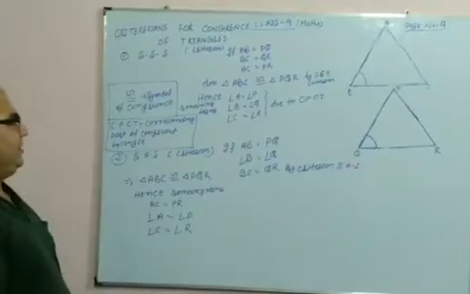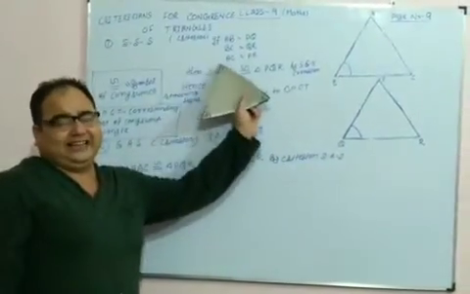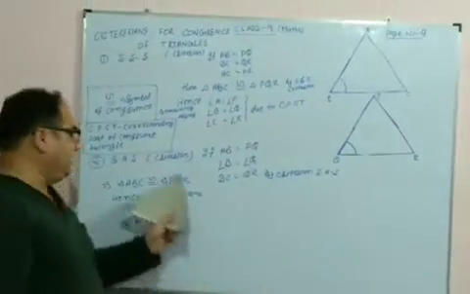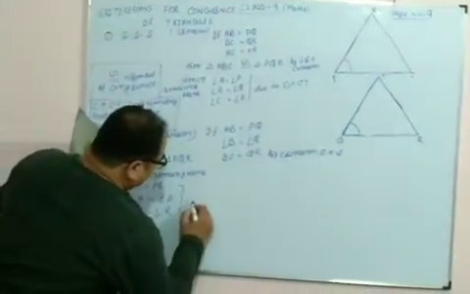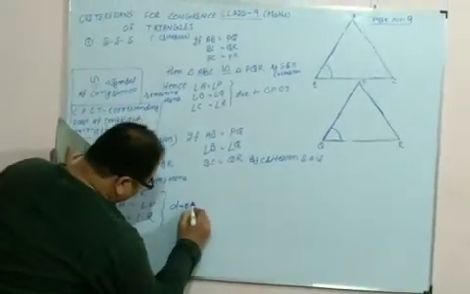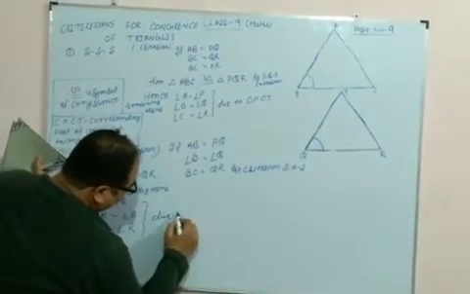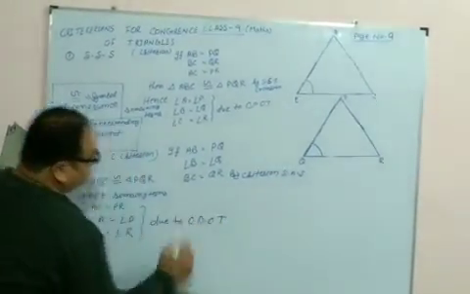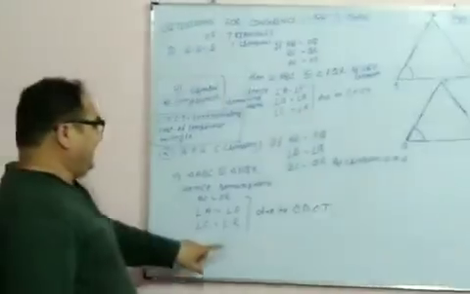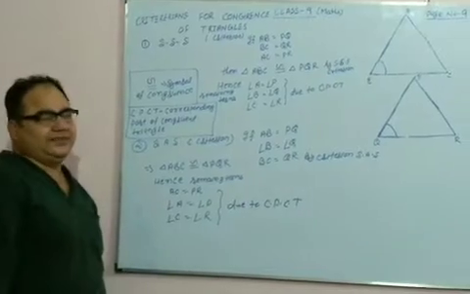But we already told you that of the six properties, we use three for the criterion and the remaining three are already equal due to CPCT. So by this condition we find the congruence of triangles.